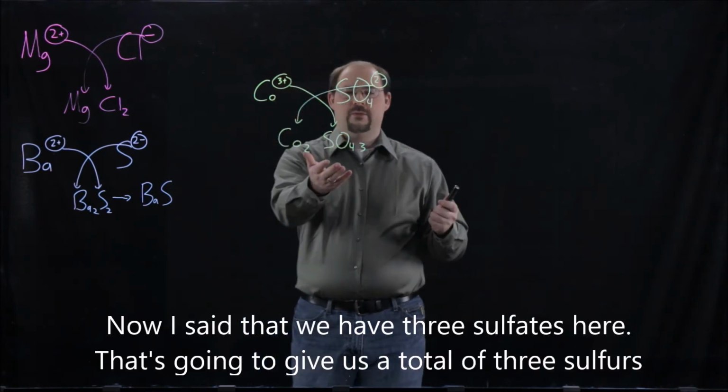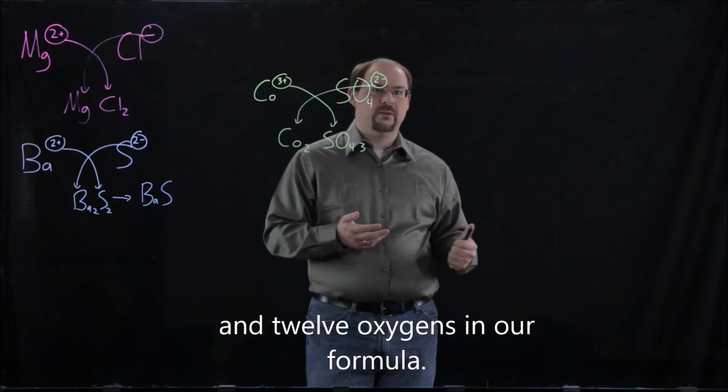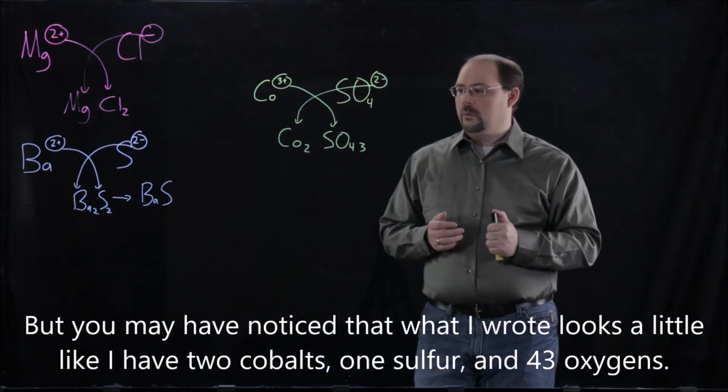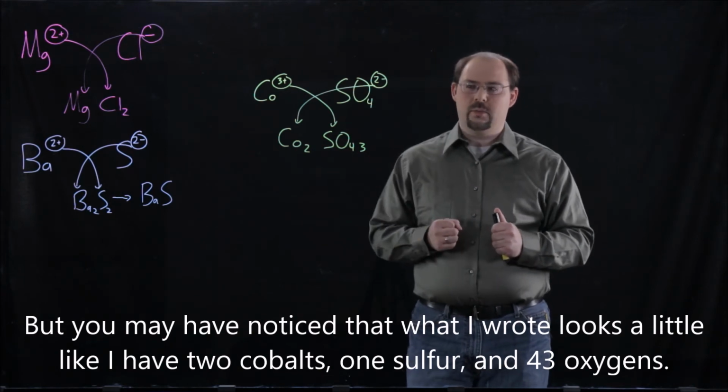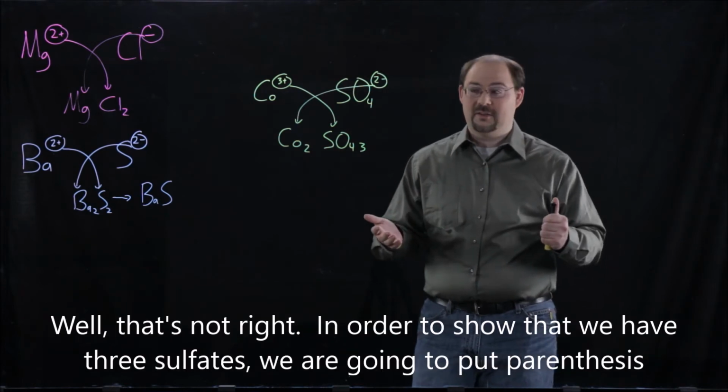Now, I said we have 3 sulfates here. That's going to give us a total of 3 sulfurs and 12 oxygens in our formula. But you might have noticed that what I wrote looks a little bit like I have 2 cobalts, 1 sulfur, and 43 oxygens. Now, that's not right.